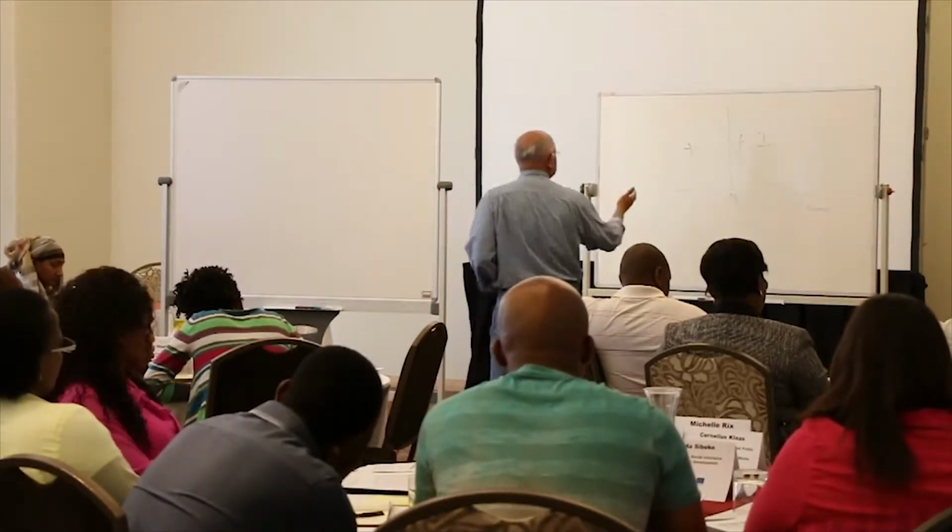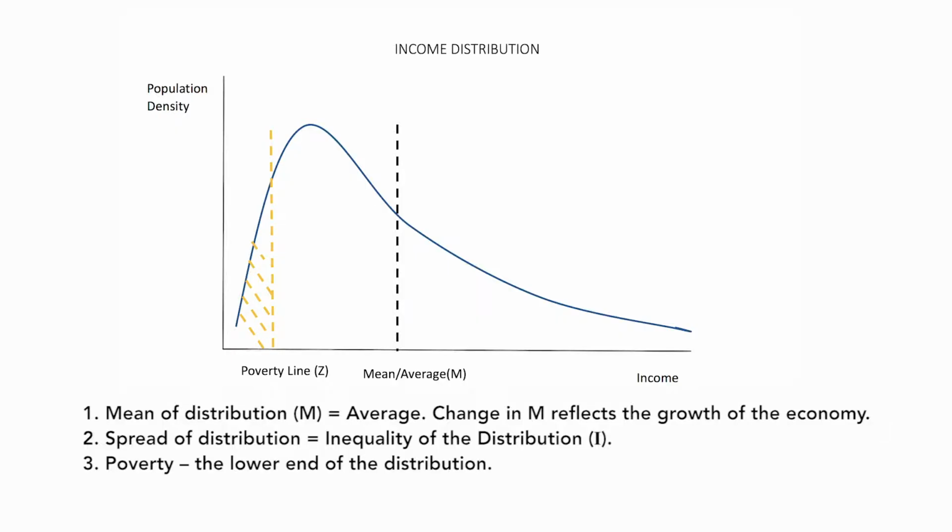And then there's a third thing which we're interested in, which is something to do with the lower end of the distribution, and that's poverty. And how do we get to that? We say, well, let's define something called the poverty line, which cuts off people at the bottom from people not at the bottom. And let me draw that here.